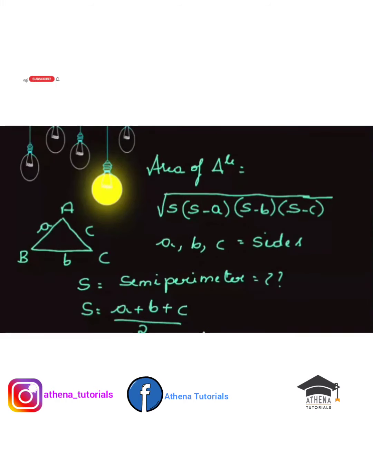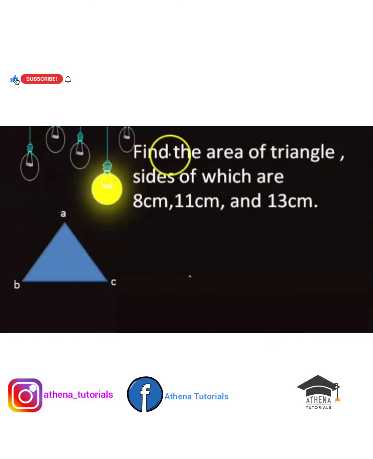Let's understand this with an example. Find the area of a triangle, sides of which are 8 cm, 11 cm and 13 cm. They have given the sides, that is 8 cm, 11 cm and 13 cm.